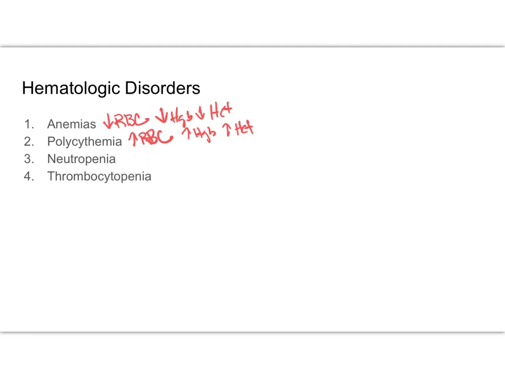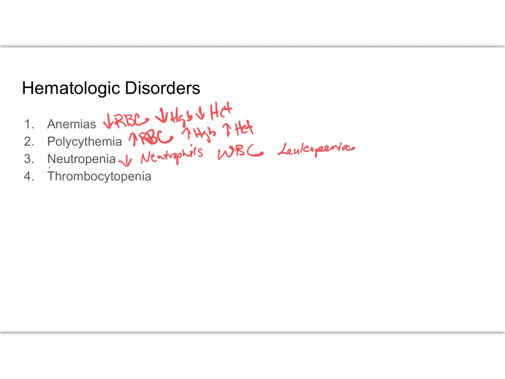Neutropenia, what's our big issue? Decrease in white blood cells, and specifically a lot of times we're talking about neutrophils. But we're thinking about white blood cells, and you might see in other places leukopenia, which is overall white blood cell is decreased.